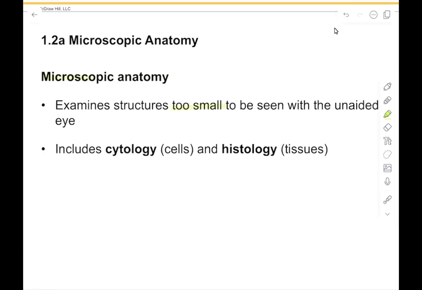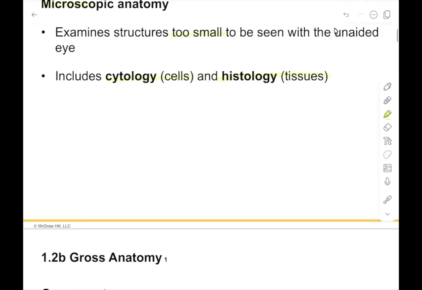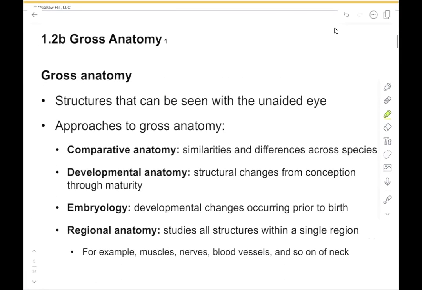So a subtype of microscopic anatomy would be what's called cytology, and that's the study of cells. Another example would be histology, which is the study of tissues. Another example of anatomy is what's called gross anatomy. That's what we can see with the naked eye, the unaided eye.